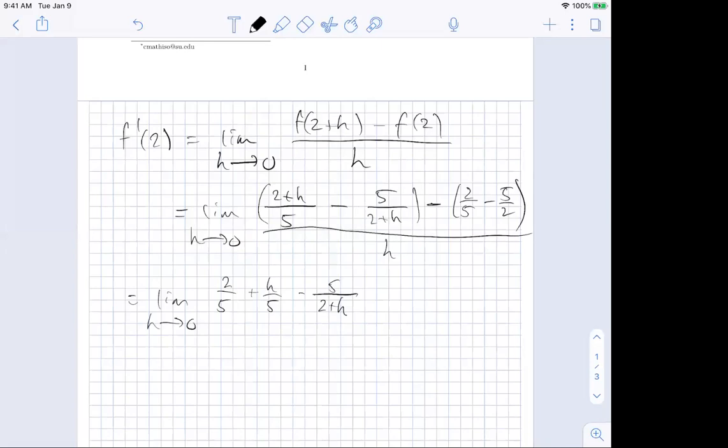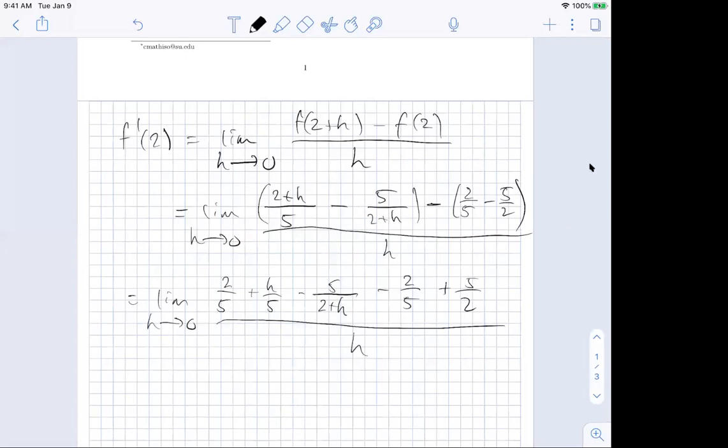This is not the same thing as 5 over 2 plus 5 over h. Okay? And then minus 2 over 5 plus 5 over 2, all divided by h. Okay.